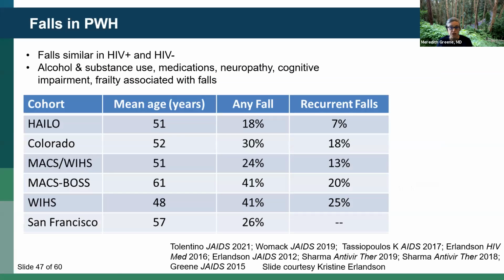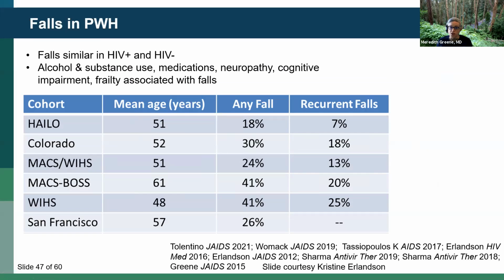What do we know about falls in people living with HIV? This table was put together by my colleague, Dr. Erlandson in Colorado. And really across all the studies, so MACS-wise, again, large cohort studies have looked at falls. And it actually looks like overall, the rates of falls are similar between HIV positive and HIV negative. It's not that there's necessarily increased frequency of falls.